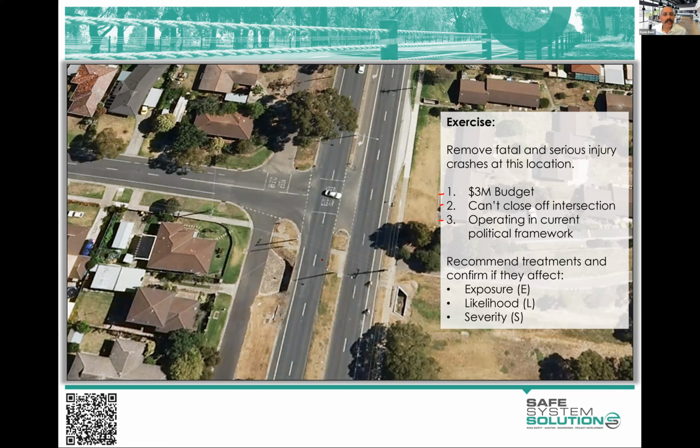It's a very large thing, so you have to look for something smaller than that. A set of traffic signals will cost you $2.4 million at this site. Yeah, so signals, $2.4 million.